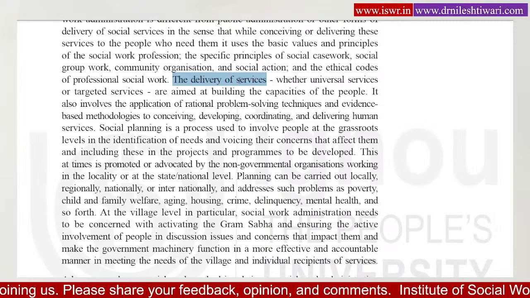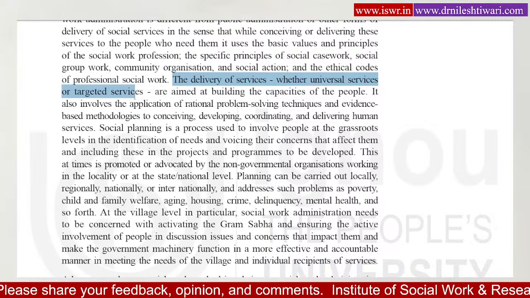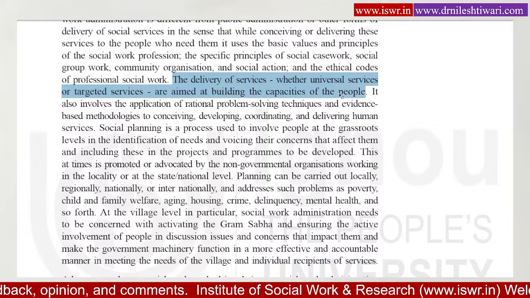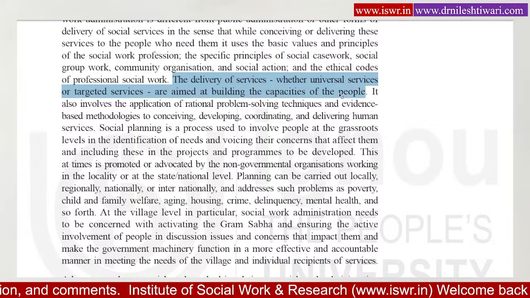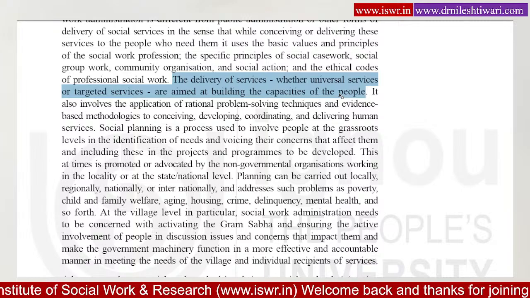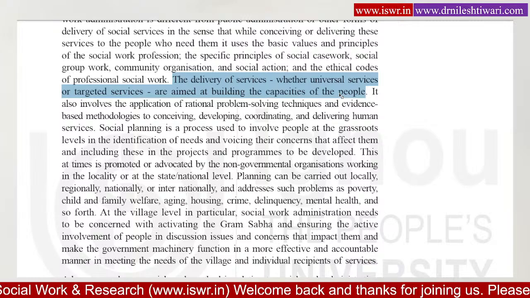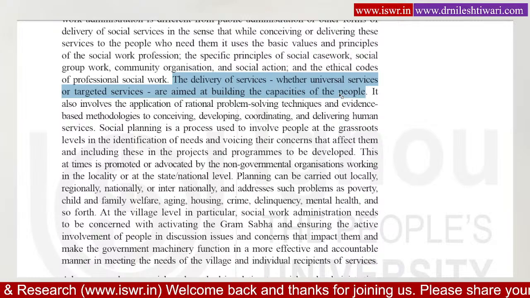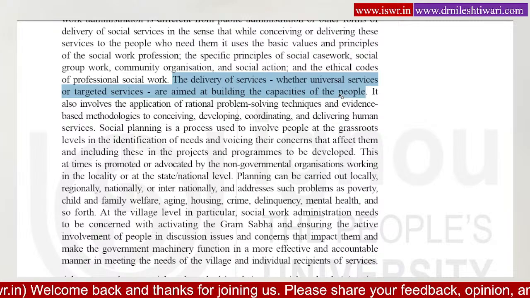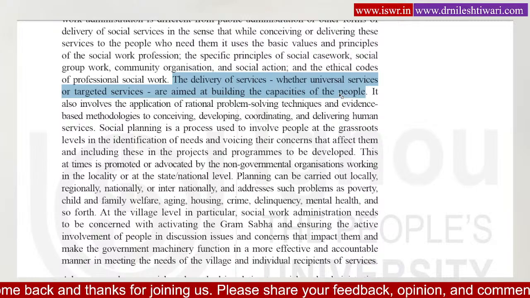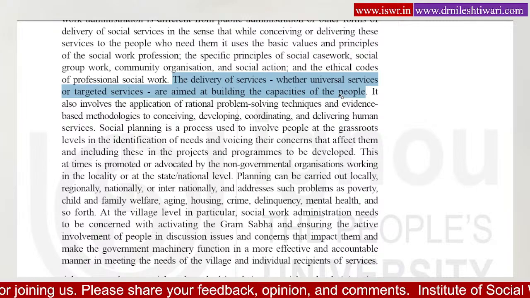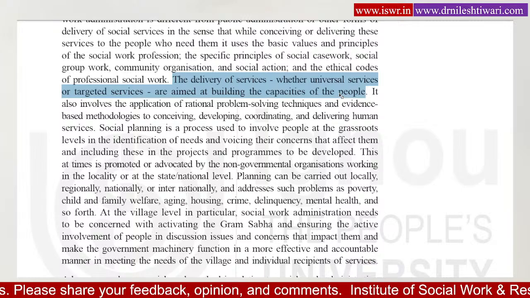Now the delivery of the services, whether universal services or targeted services, are aimed at building capacities of the people. Now what are targeted services? For example, the targeted public distribution system, TPDS, what we call it, distribution of food grains or essential elements for life. Food grains, ration shops in villages or in urban areas are the targeted public distribution system.